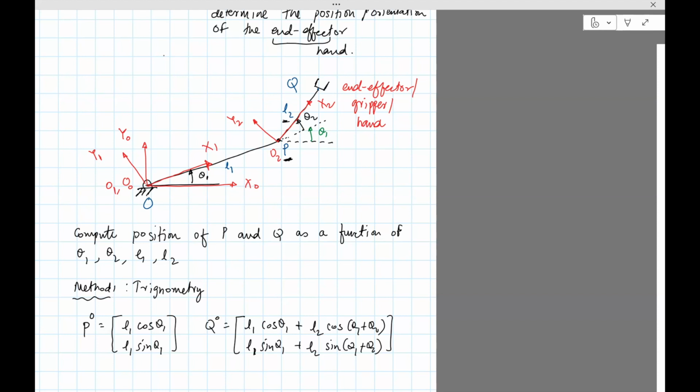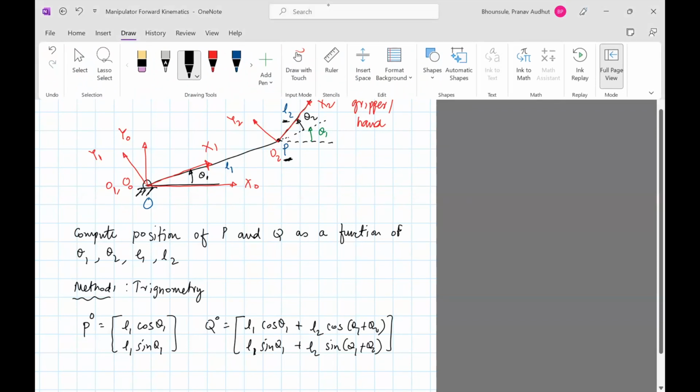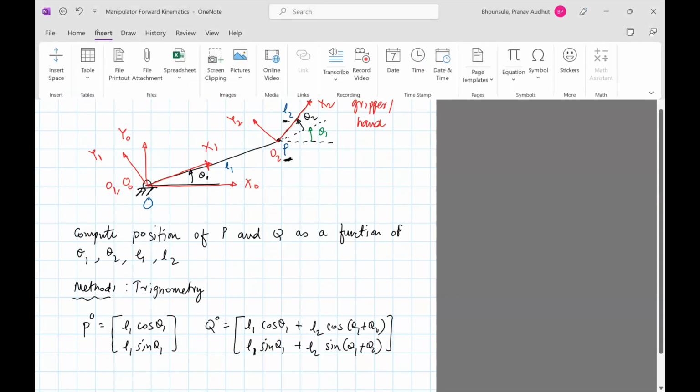But before that, let's just try to use the method I talked about, homogeneous matrices. So this will be a method too. So let me copy this figure. I'll need it.